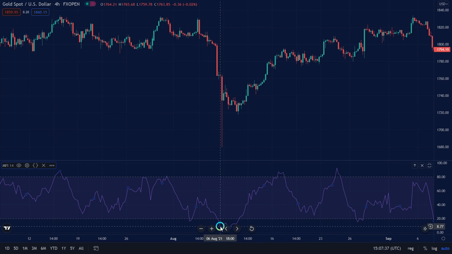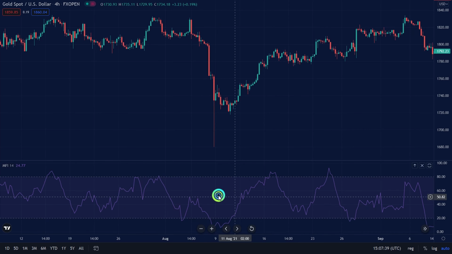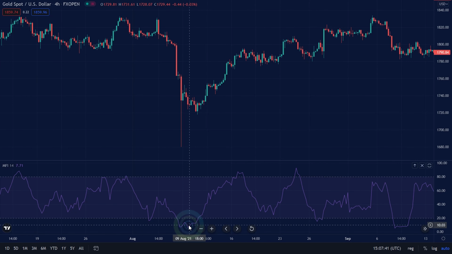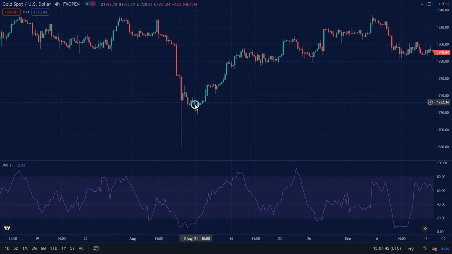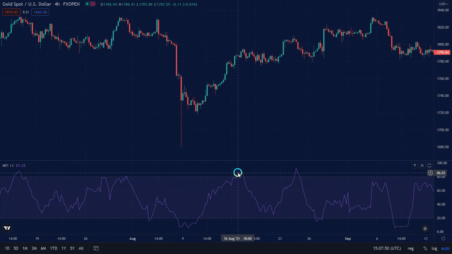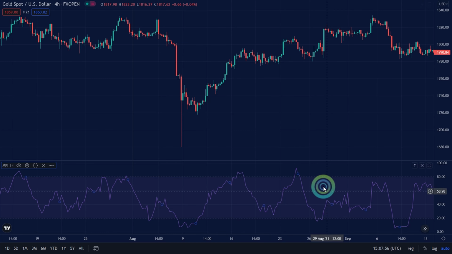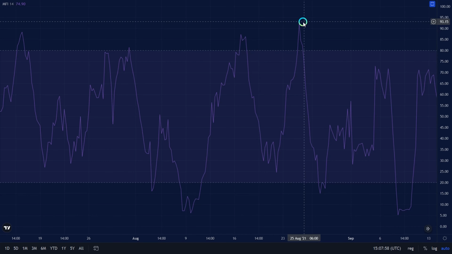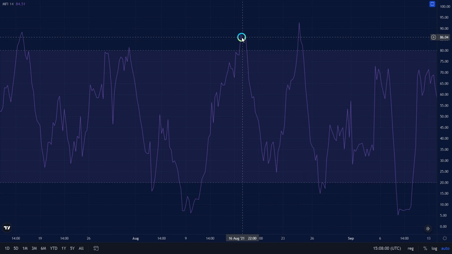So somewhere here. So 10, basically, is in my opinion much better. And 90. I'm not sure if it hits that number here, but here it does.